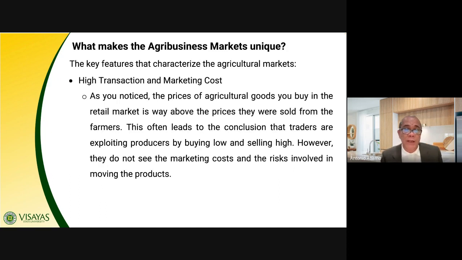And then not only high risk, but high transaction cost, or marketing cost. Meaning to say, because of so many intermediaries and so many imperfections in the market, transaction cost is very high. There is, for example, a lot of profiteering or rent seeking, meaning people who are enriching themselves at the expense of somebody else without having to spend for anything.